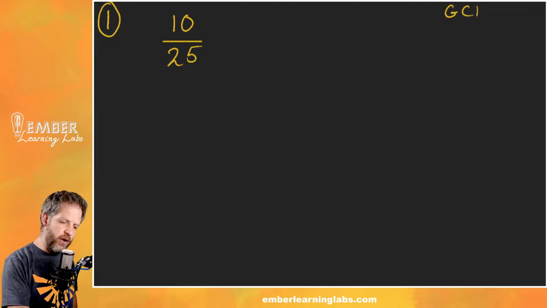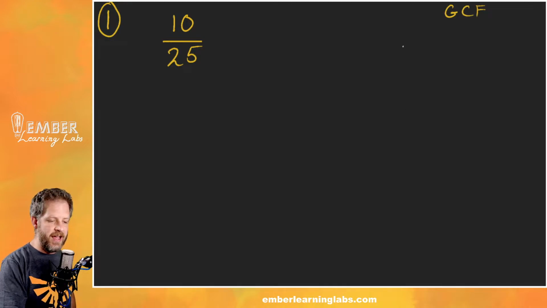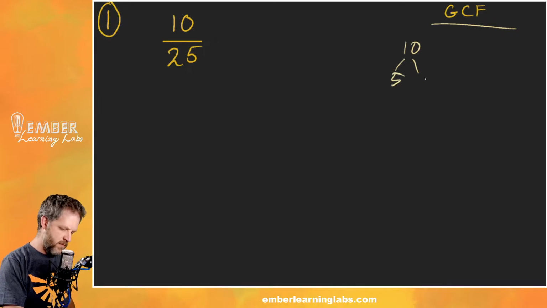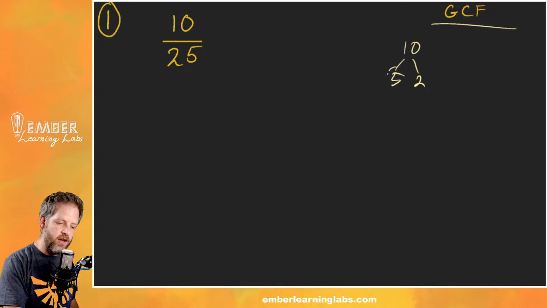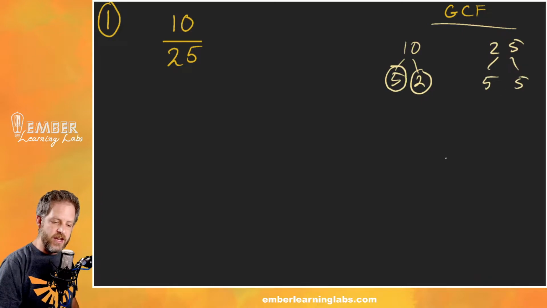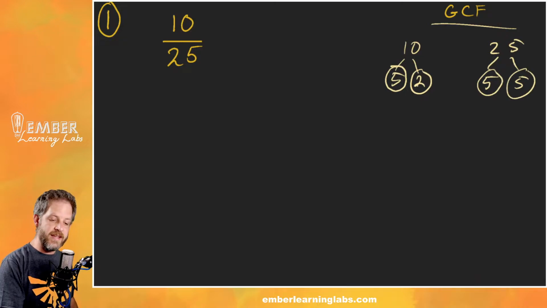You could do a factor tree like what we talked about before with the numerator and the denominator. We could split 10 into 5 and 2, which are both prime. And then we could split 25 into 5 and 5. So the only common factor between these two is a 5.